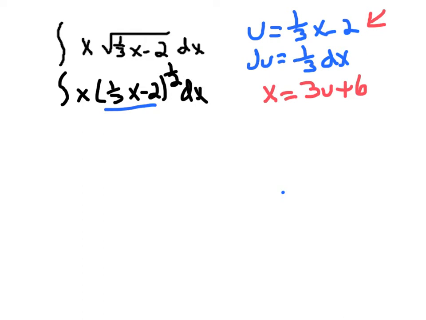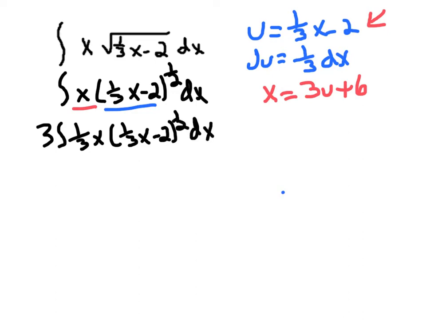So what's underlined in blue is my u. What's underlined in red is equal to 3u plus 6. So all I'm missing is that 1/3. So I can rewrite this as 3 times the integral of 1/3 x minus 2 to the 1/2 dx. Now I do all of my substitution. So that's 3 times the integral.